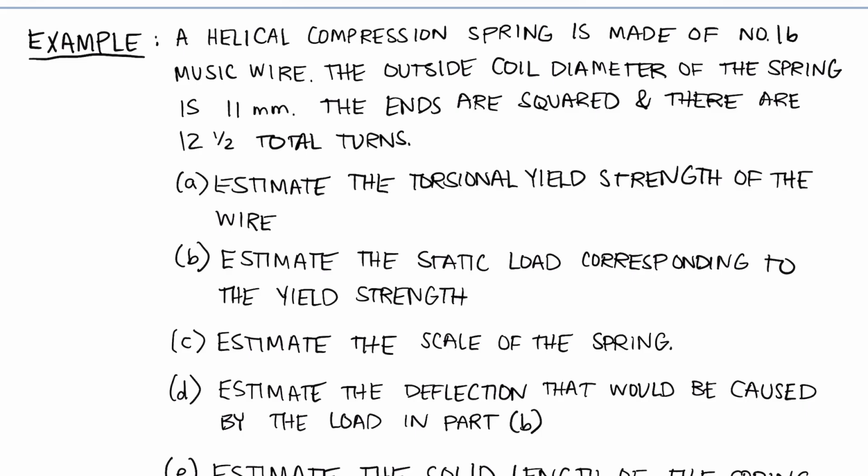We have a helical compression spring that is made of number 16 music wire. So we haven't encountered this before, but this number 16 is key to finding out the actual wire diameter. There is another table in your textbook.